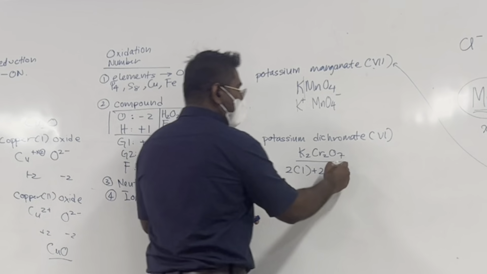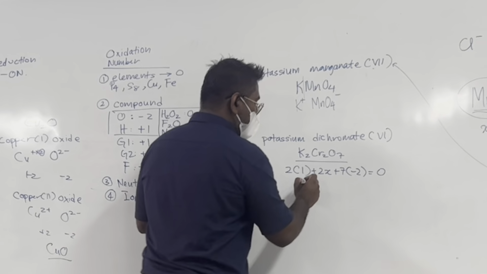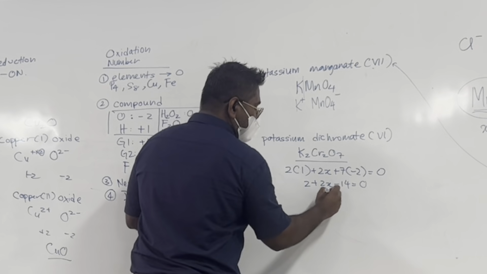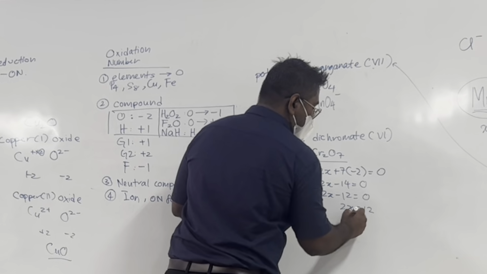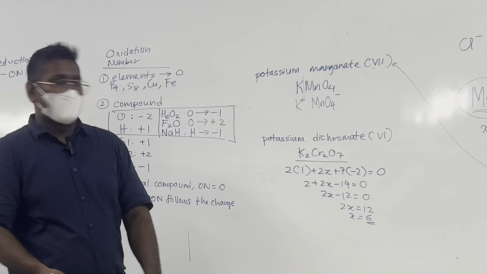So 7 times negative 2 equals 0, because the overall charge is 0. So 2 plus 2X minus 14 equals 0. 2X minus 12 equals 0. 2X is 12. X is going to be 6. So plus 6.